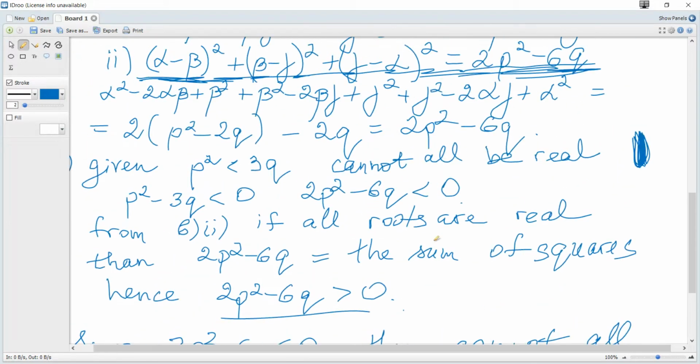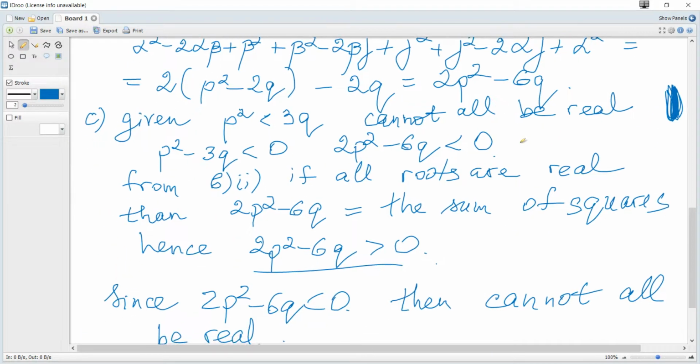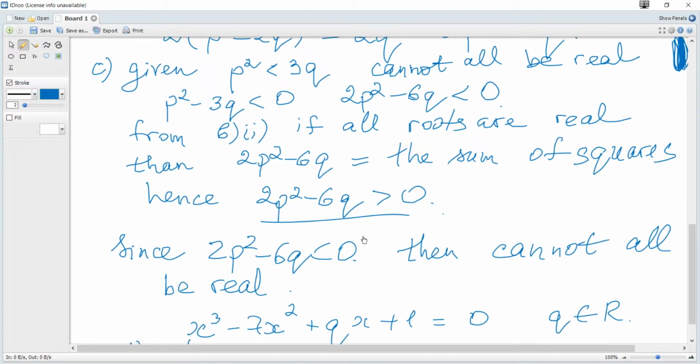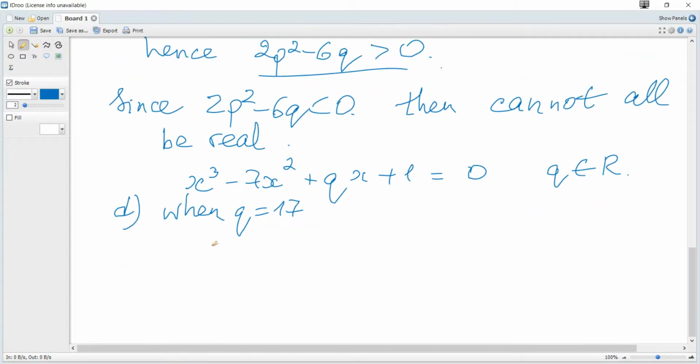And if not all roots can be real, it means at least one is complex. So for this to be true, p squared must be less than 3q. So let's check. P squared is 49, and if q is 17, 3q is 51.